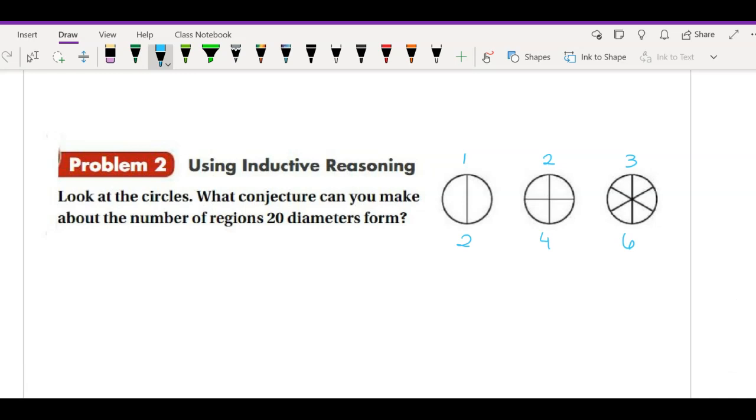So it appears that for each diameter, the number of regions is double the diameter. So when I have 3, it's 6. So when I have 20 diameters, that should be 40 regions. This is much more efficient than trying to draw 20 diameters.